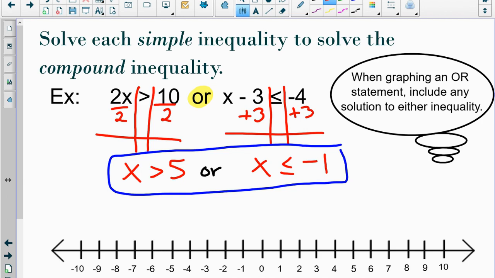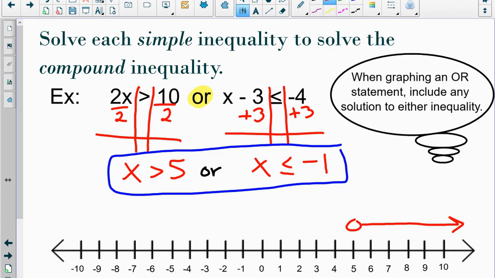I am going to make an open circle because remember, it doesn't say greater than or equal to 5. So 5 actually isn't a solution here, and I don't want to fill in the circle. But I do want to show all the x values that are greater than 5, and that's going to be to the right of 5. So open circle, and I draw my arrow to the right.